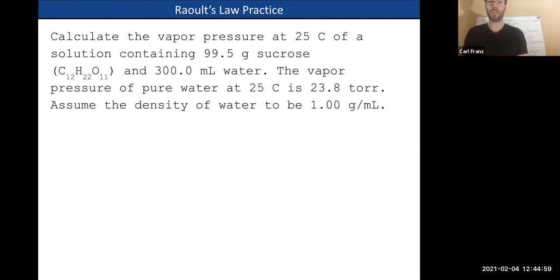That density is just given so we can convert directly from mL to grams for the water. So practice this. It's the same thing. You need to convert to moles, find the mole fraction, and then find the overall vapor pressure of the ideal solution. I won't go over this, but if you would like to go over this later, come see me during office hours.